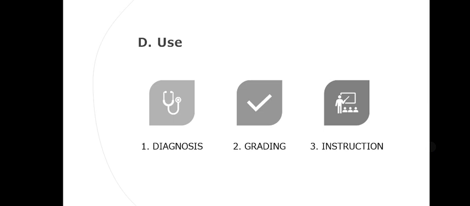Number two, grading. Grading decisions are based on measurement driven information. There is a great amount of variability in what teachers use to determine grades, how they use the process of grading to motivate students, and the standards they use to judge the quality of student work.